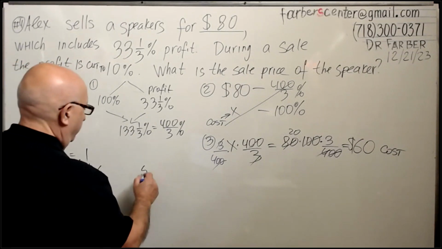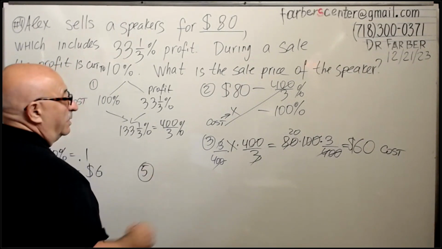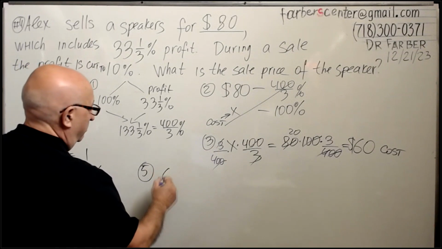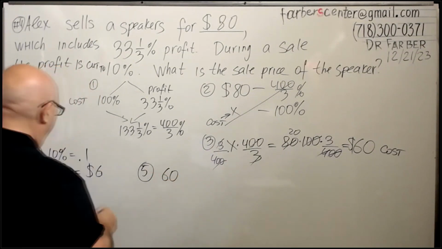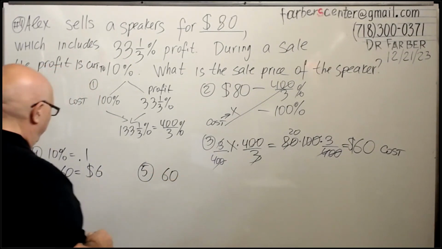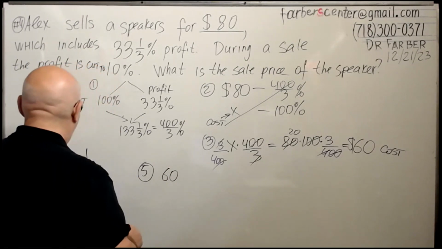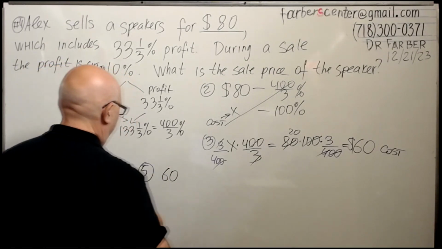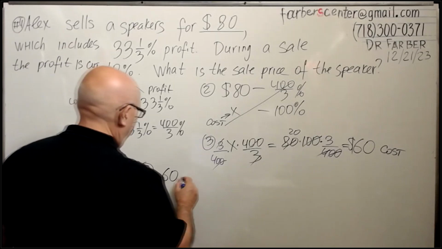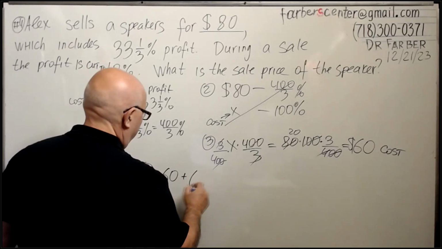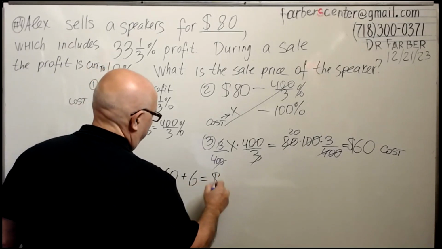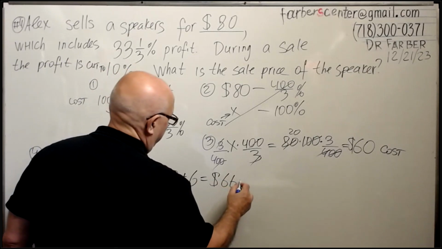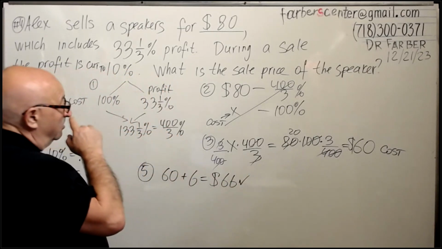Step number 5. He bought it for 60, and for this profit decrease, it becomes only $6 for his extra, and you get $66. Okay, that's the whole chain.